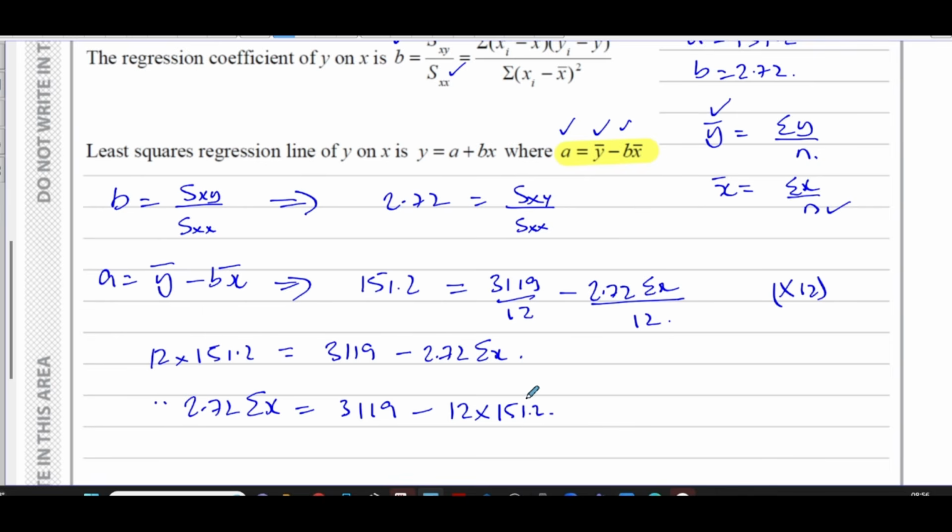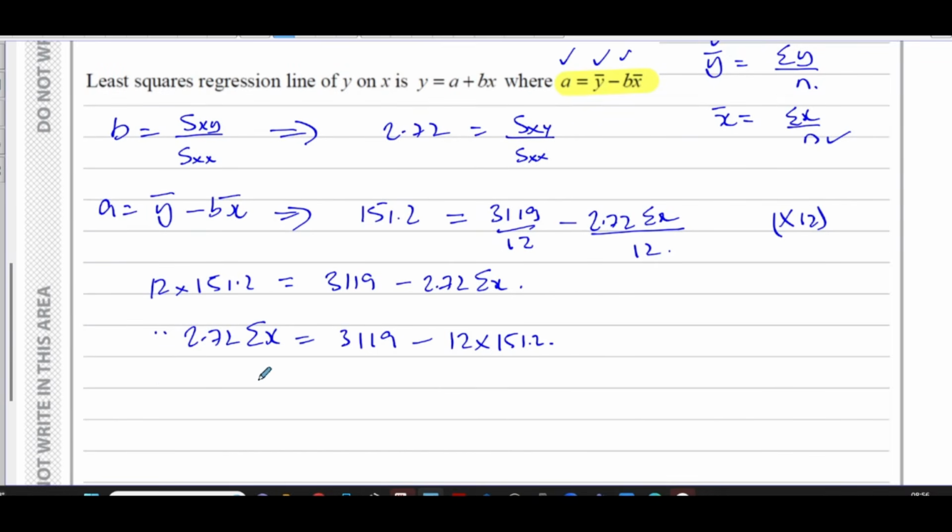And then I have to divide, so I'll divide that by 2.72. So the sum of x equals 3,119 minus 12 times 151.2, divided by 2.72.